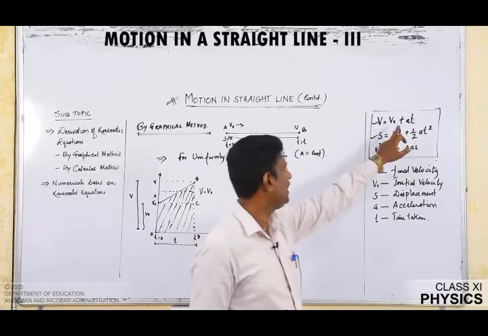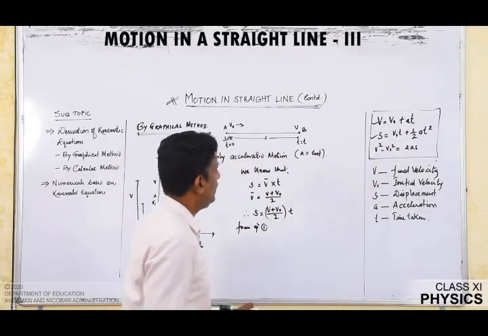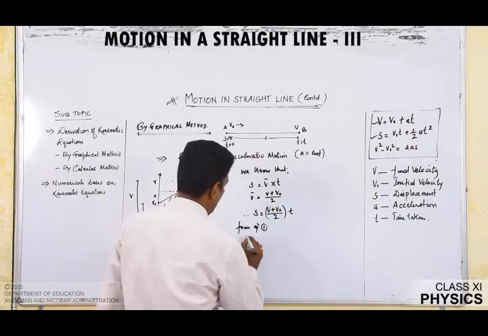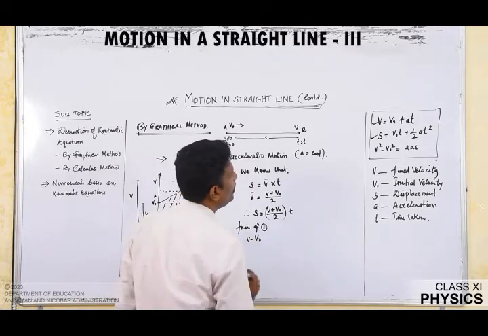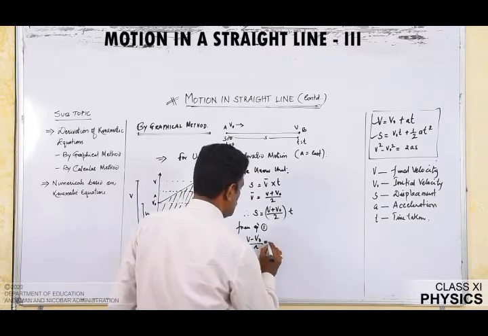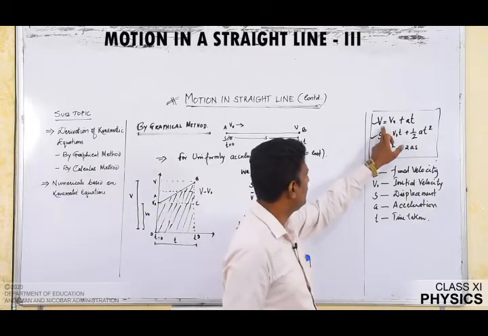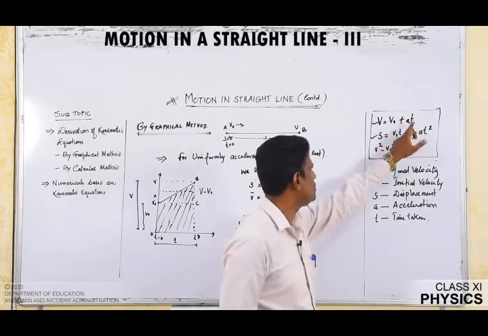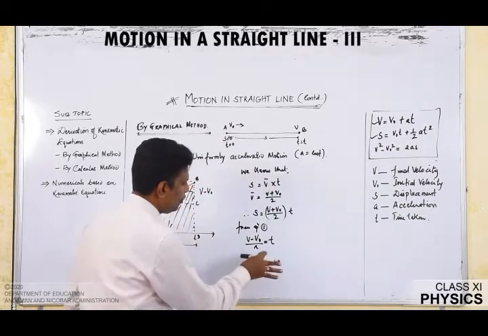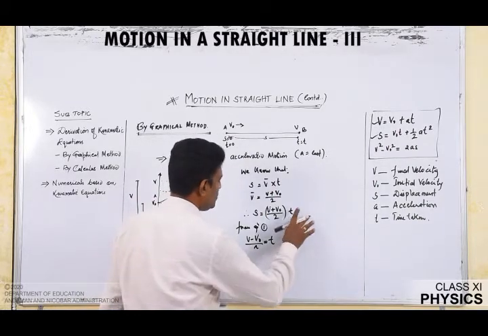So, from this we can have T, that is V minus V naught by A is equal to T. So, we can put the value of T in this equation.